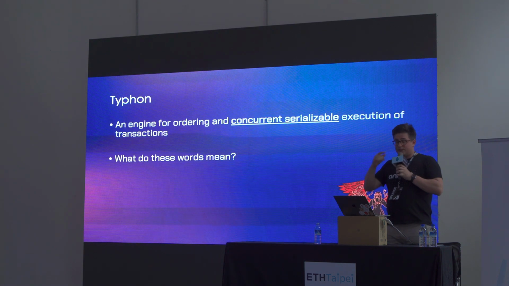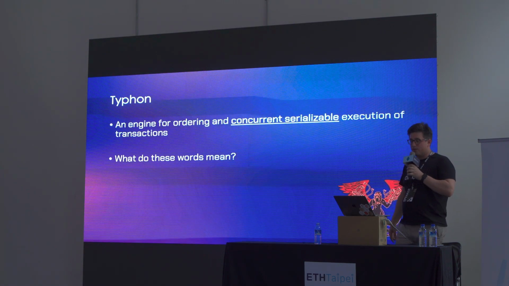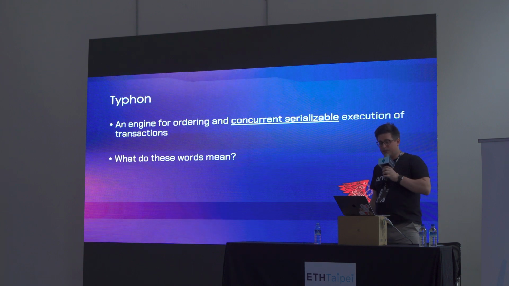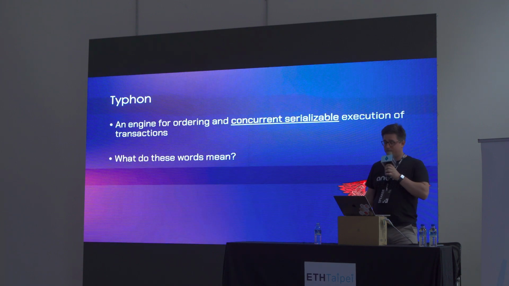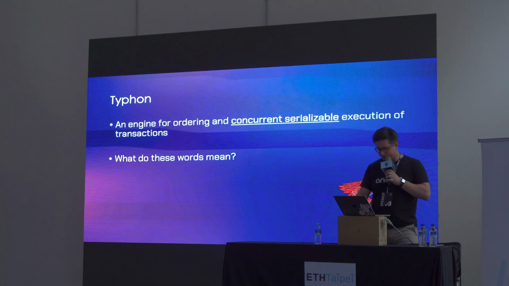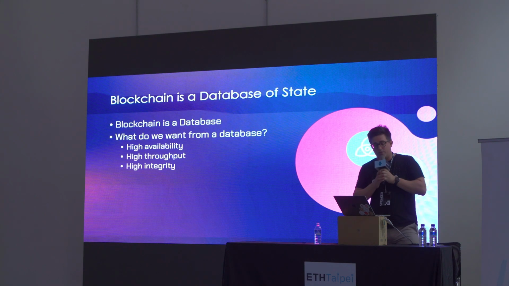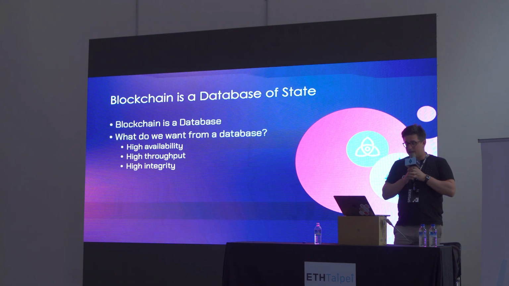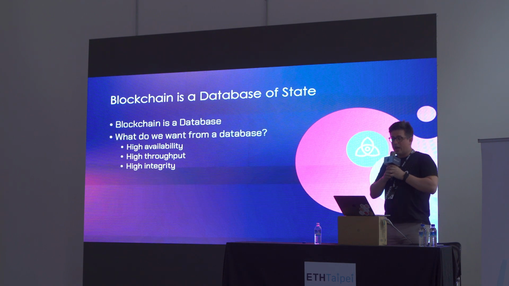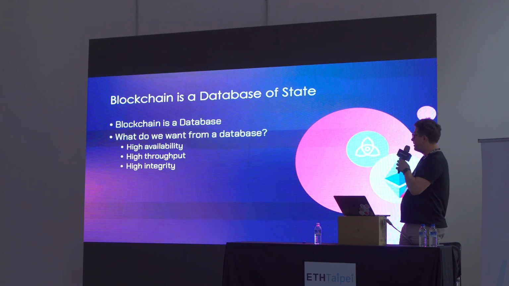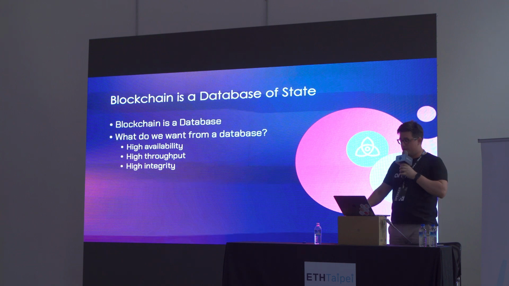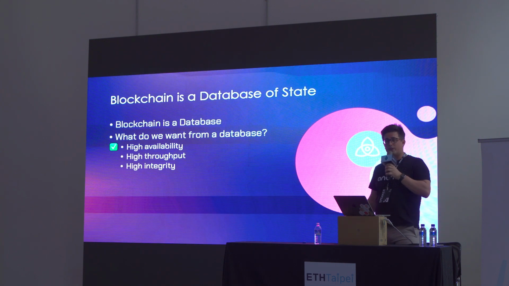So what is Typhon? Typhon is an engine for ordering and concurrent serializable execution of transactions. What do these words mean? As we mentioned before, blockchain is a database of state. And what do we typically want from a database? We want to have high availability. We have that. We want to have high integrity.